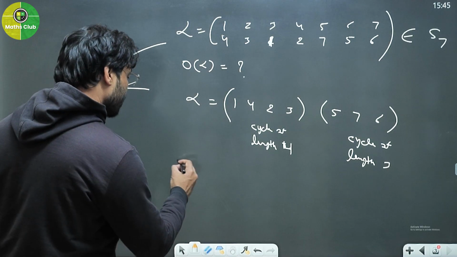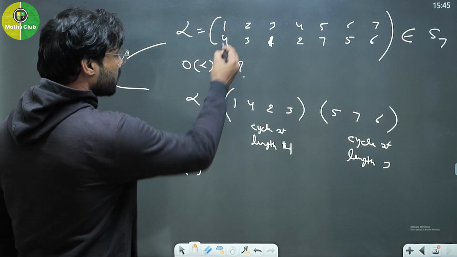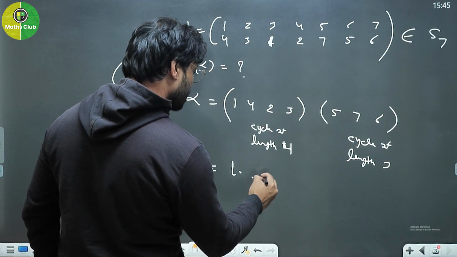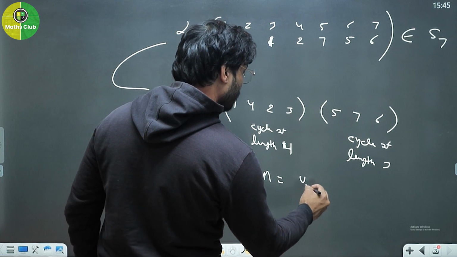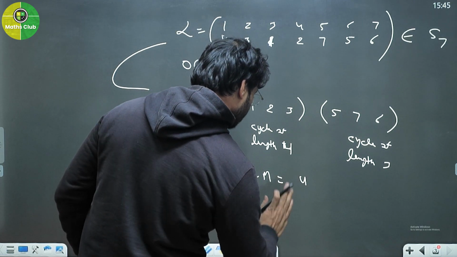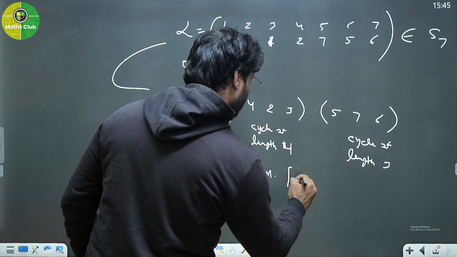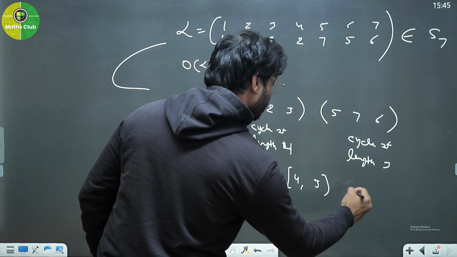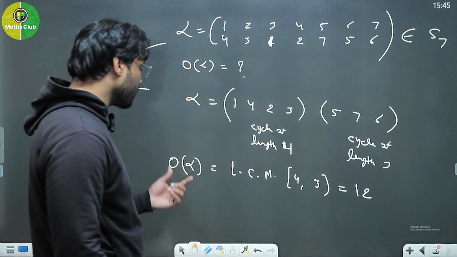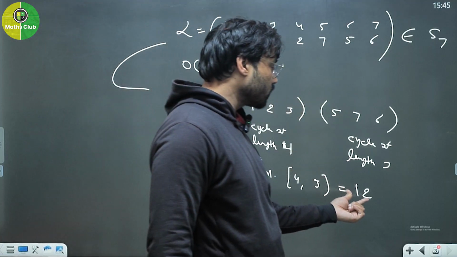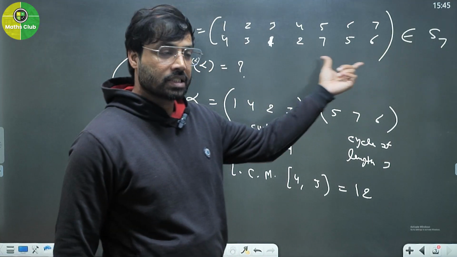So the order of this permutation is the LCM of 4 and 3, which is 12. So the order of this permutation is 12 in S7.